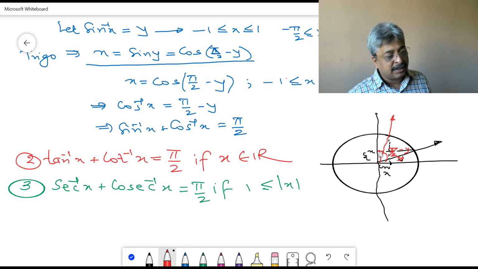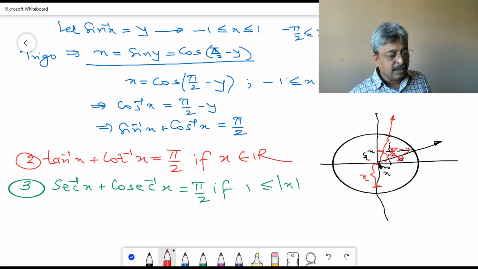This angle is y. Okay, have you understood? Therefore it is a direct answer that cos inverse x plus sin inverse x is pi by 2, and it doesn't matter where this x is, not necessary. The x, okay, suppose we take x negative here. Suppose we take x negative.